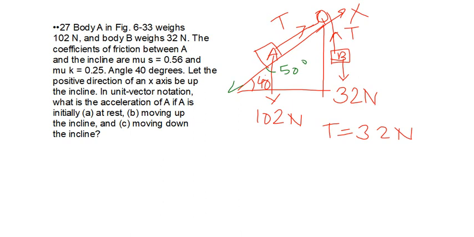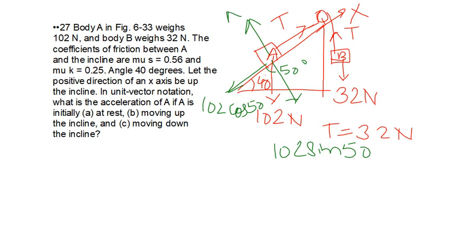So the weight along the plane will be 102 cos 50 and the vertical is 102 sin 50. So the normal reaction, this N, is equal to 102 sin 50.